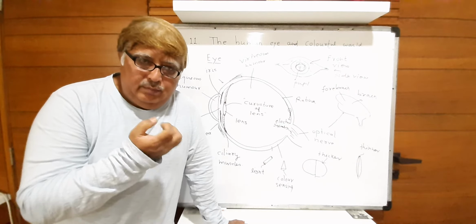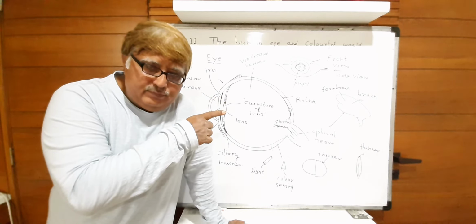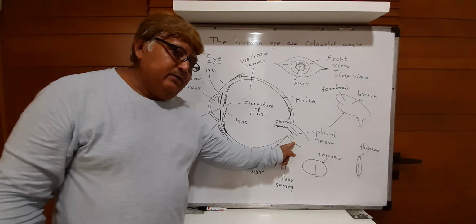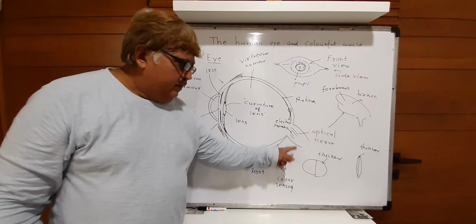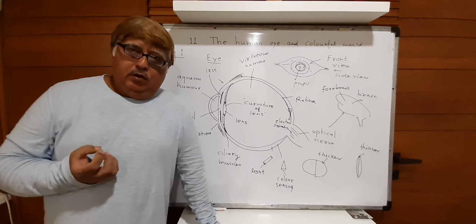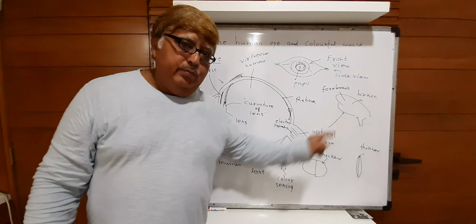Means the light signal is converted into electric signal. Now this electric signal travels through optic nerves or optic fibers and reaches our brain.